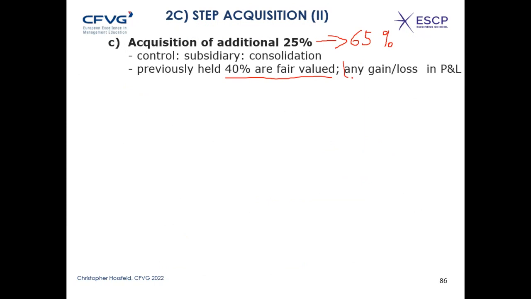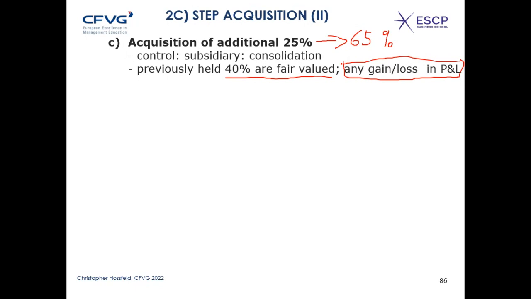And any gain or loss that comes from this revaluation is considered a profit. So you could say it's as if I sold the 40% for the fair value today, and any difference between the fair value and the equity book value would be a profit or a loss that goes in the income statement.